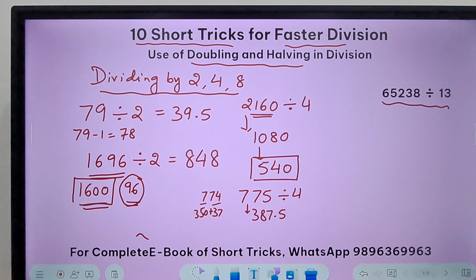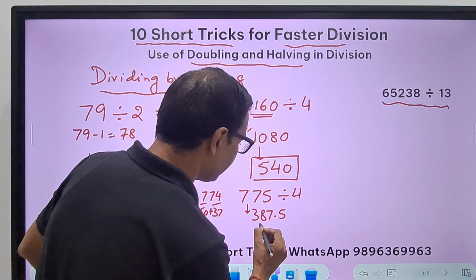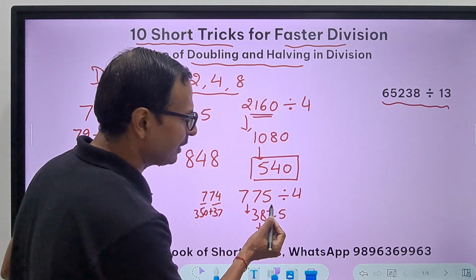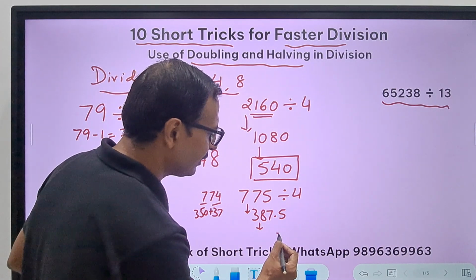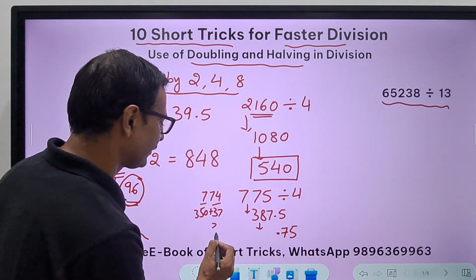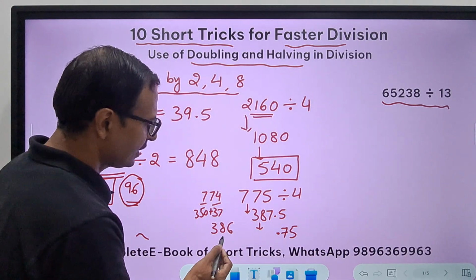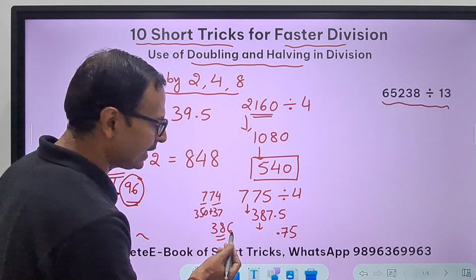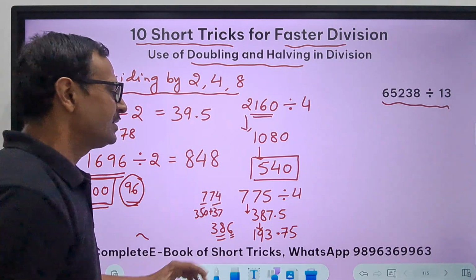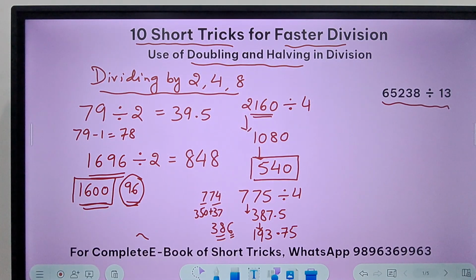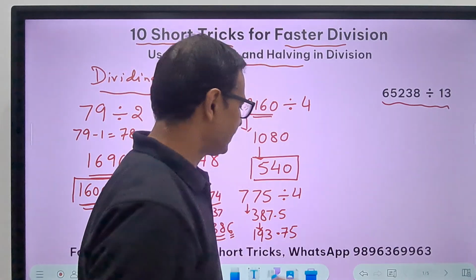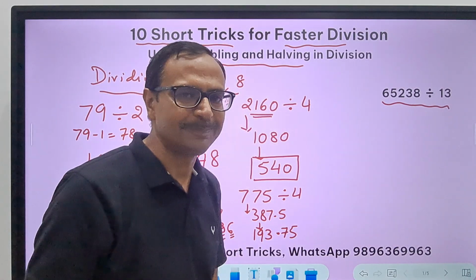You can either divide it mentally by 2, or you can borrow 1 from here, like 1.5. This 1.5 will become 0.75 when you take the half, and half of 386, 380 is 190, and then 3, 193. Now pick up the calculator and check. 775 divided by 4 is 193.75, and you will be surprised that the answer is not wrong.